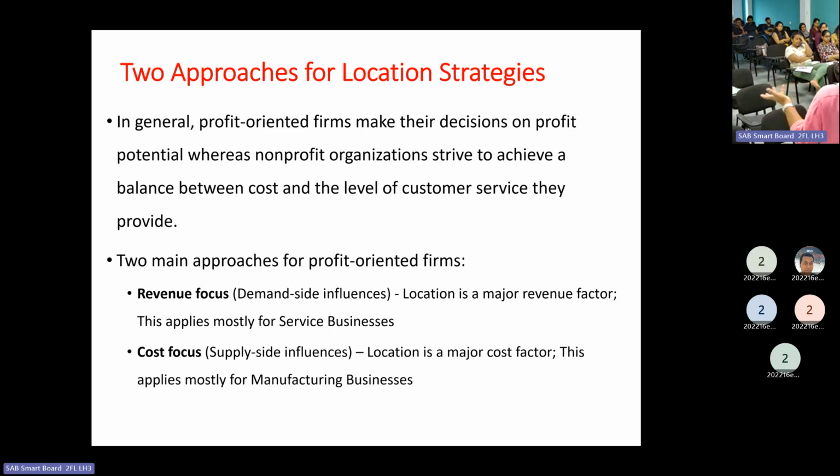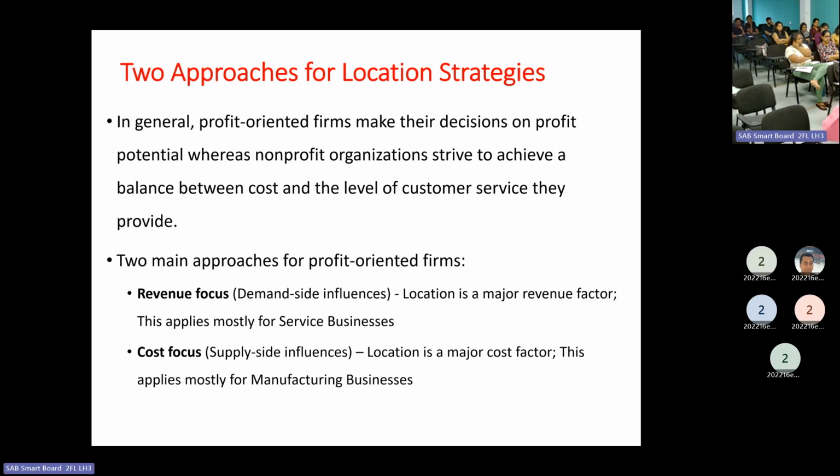That is the simple truth. However, other organizations like government organizations, charity organizations, and non-profit organizations try to achieve a balance between the cost side and the level of customer service they provide, and decide upon the location. For profit-oriented businesses, it is mainly the profit.